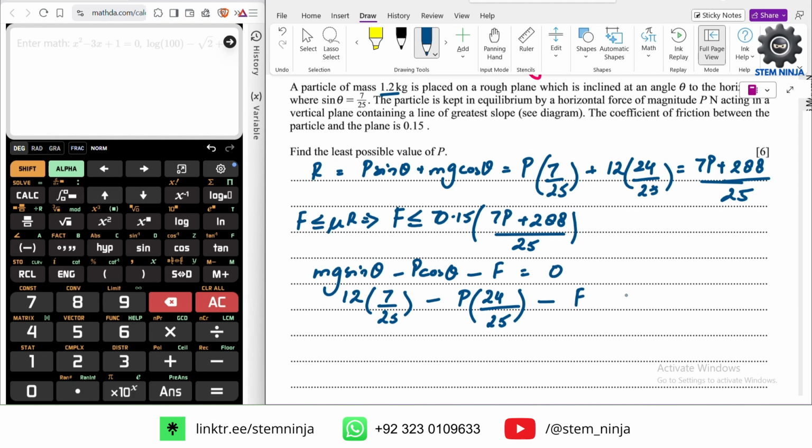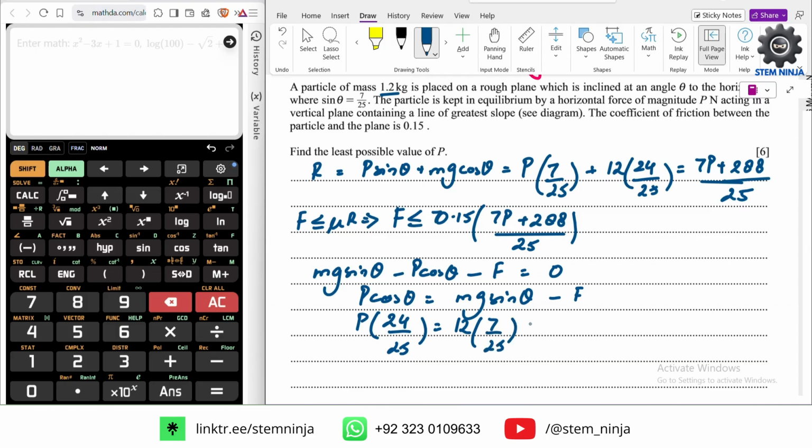So if we rearrange this to make P cos theta the subject, you have P cos theta equals mg sine theta minus F. P 24 over 25 equals 12 times 7 over 25 minus F. Minimum value of P will actually come from maximum value of F. So we will use maximum value.